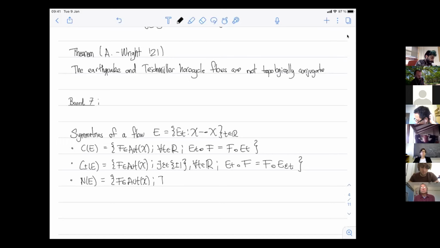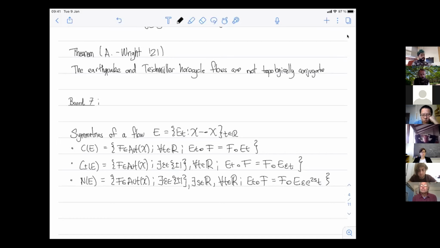So these are automorphisms where there exists some parameter epsilon which tells you if you're flipping the time or not, and there exists some parameter s which tells you how much you're dilating time, such that the following identity holds: e to the t composed with f is equal to f composed with e to the epsilon exponential of 2st.